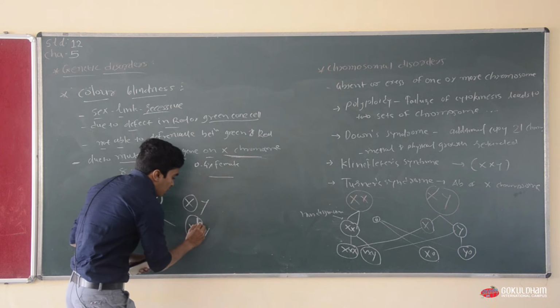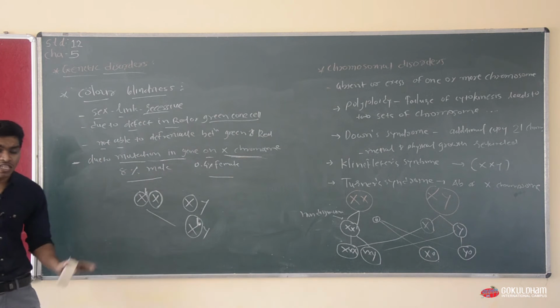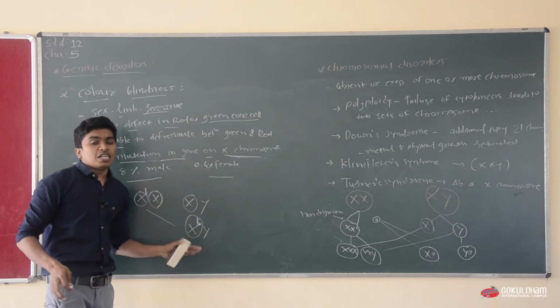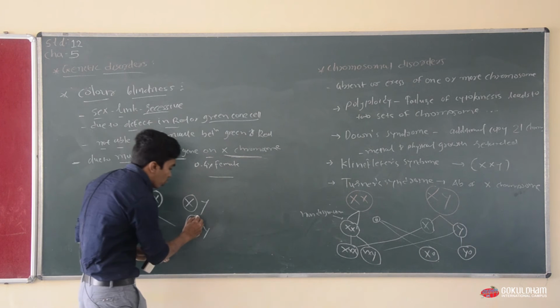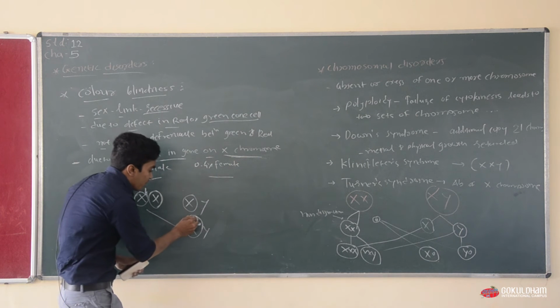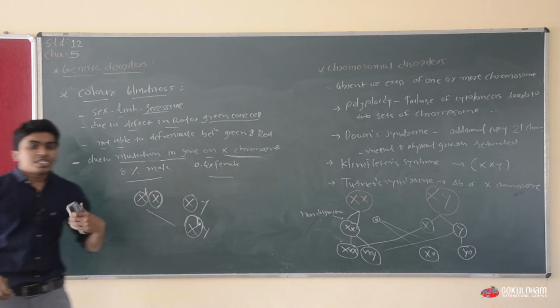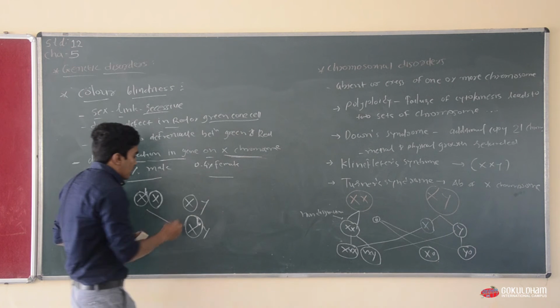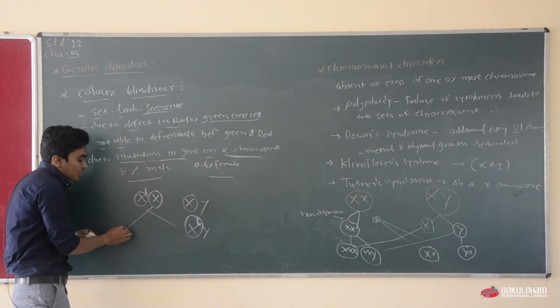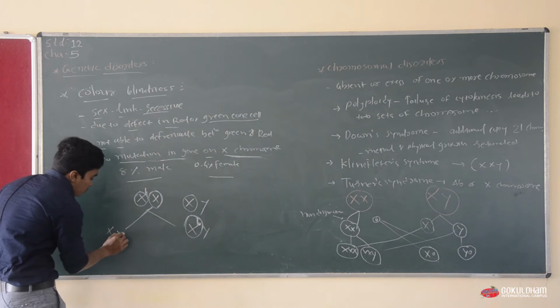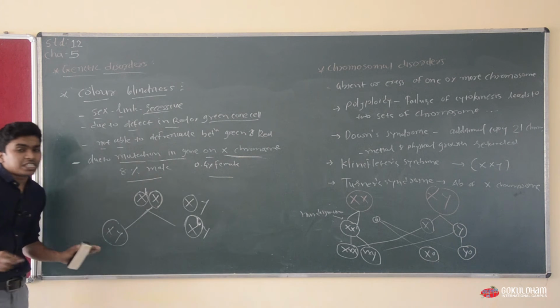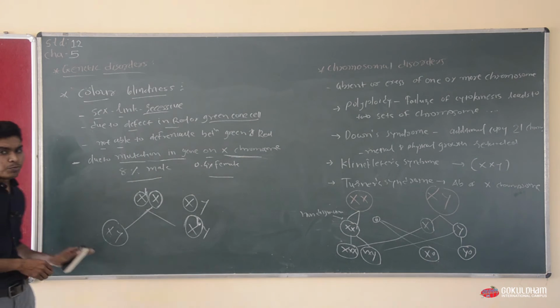Whenever this X chromosome has an allele for the particular disease or disorder, it will produce its effect or disorder in the male. If a normal X chromosome combines with the Y chromosome, then only will they produce a normal male.